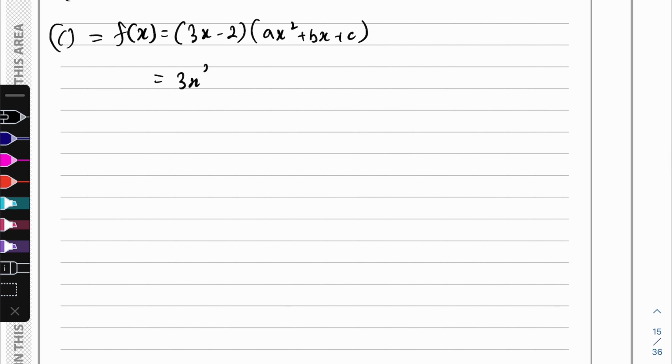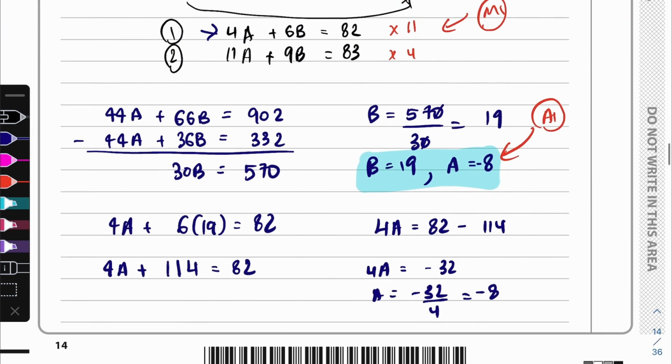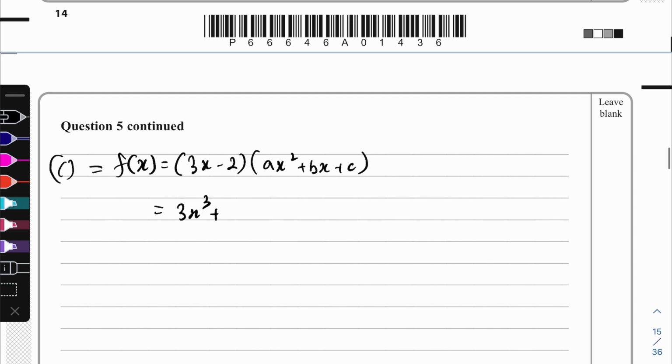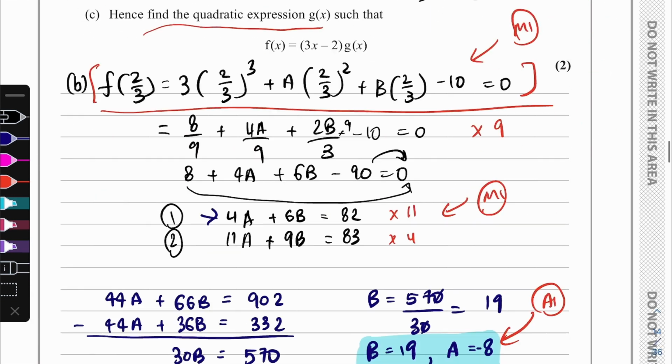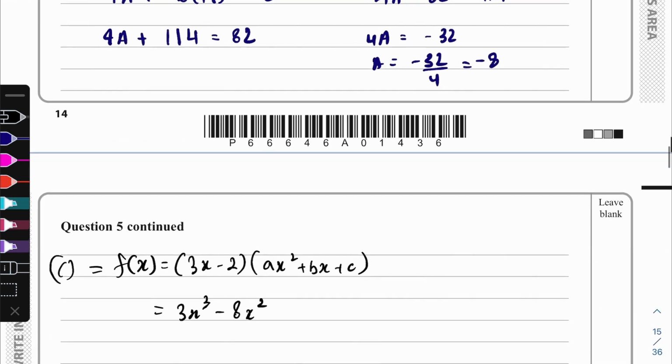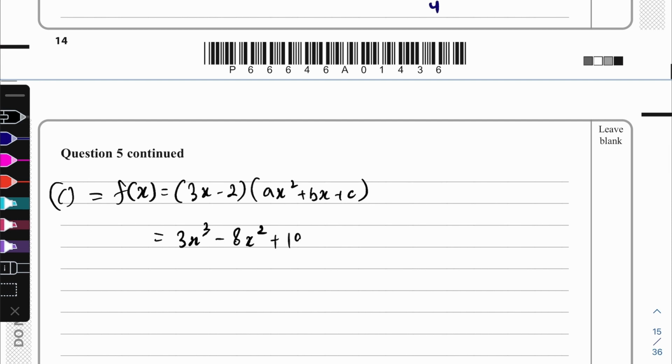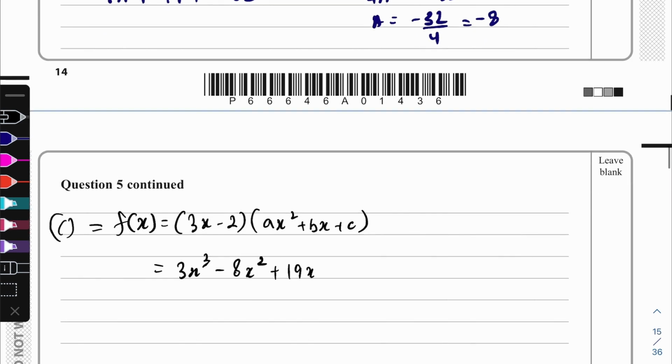A is negative 8, so let's cross that out. So that's 3x cubed minus 8x squared. Then b, you know, is plus bx, so plus 19x. Then it's minus 10.